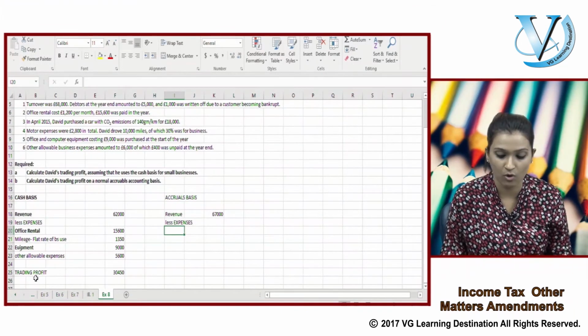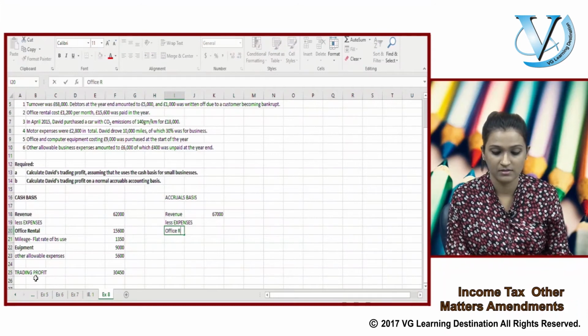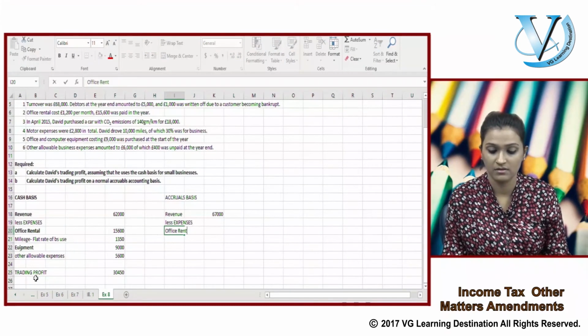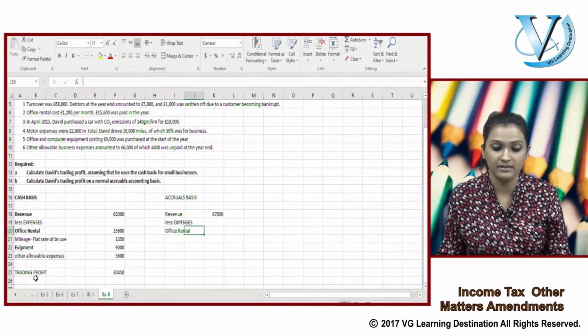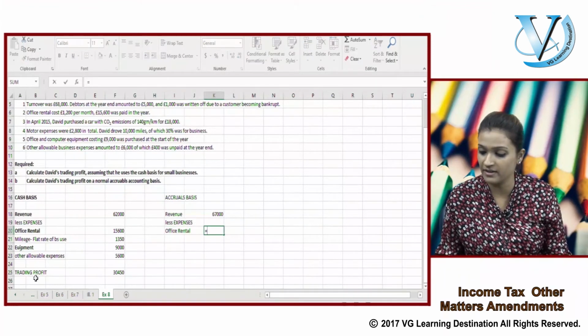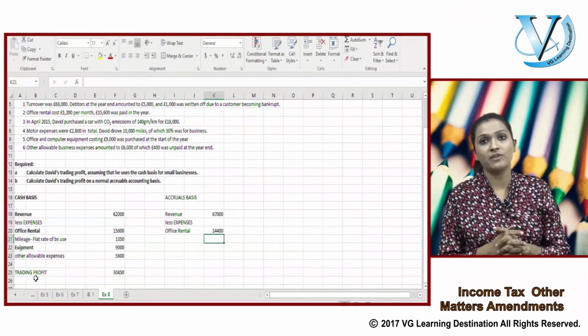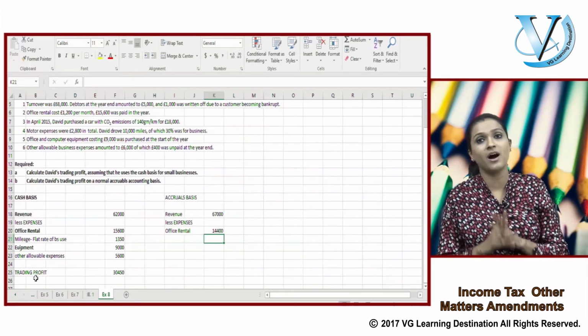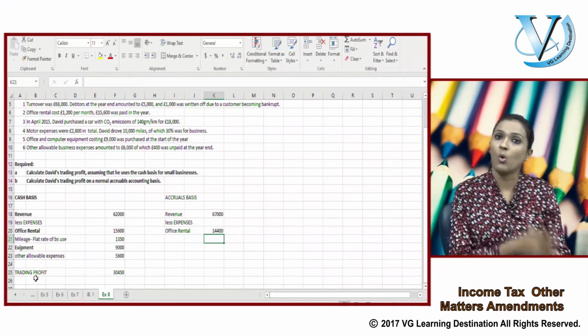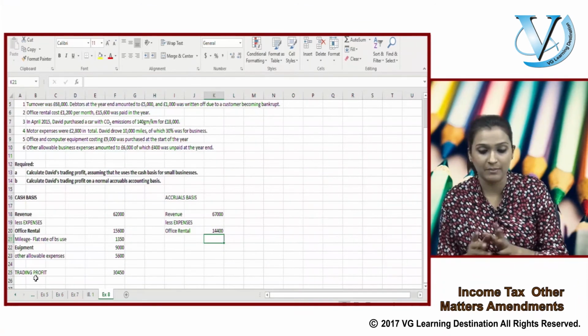You start with office rental. How much is the rental? 1,200 per month. Accruals basis, you're going to recognize whatever is due regardless of whether there has been an overpayment or there has been an underpayment.